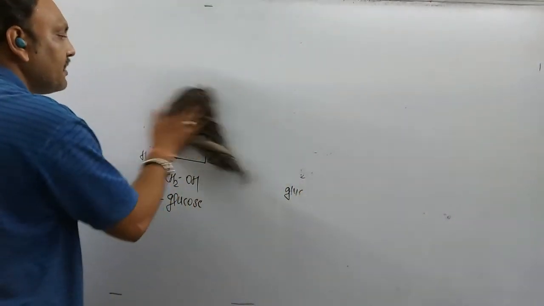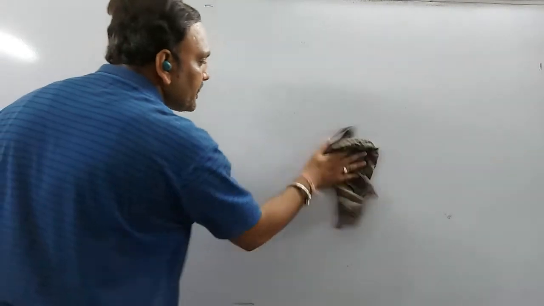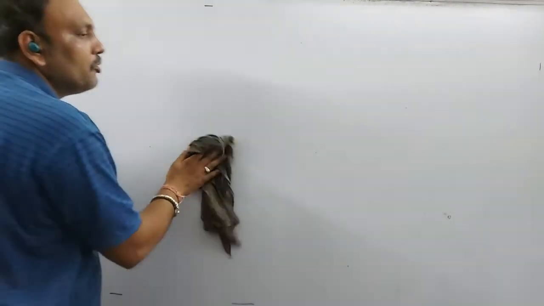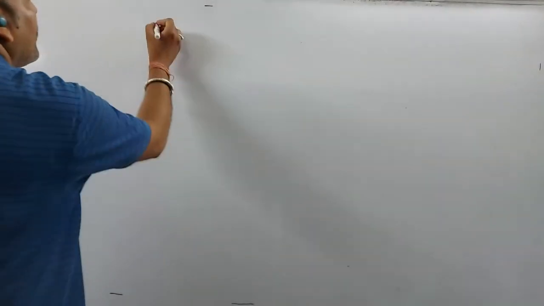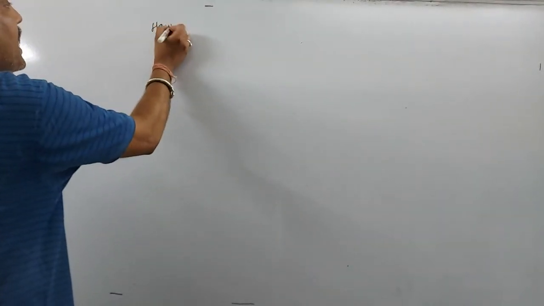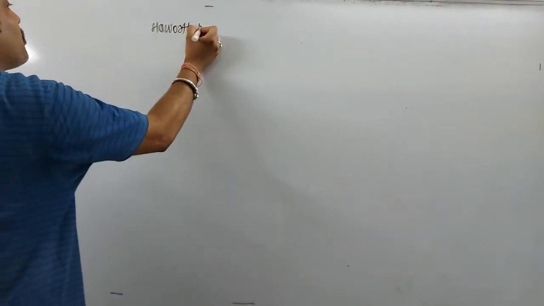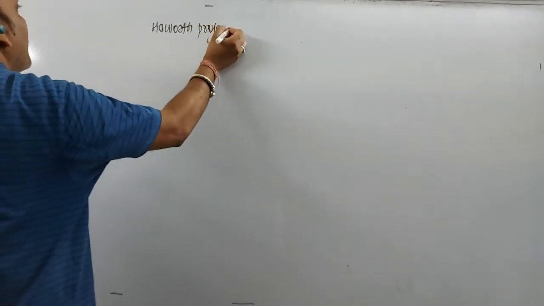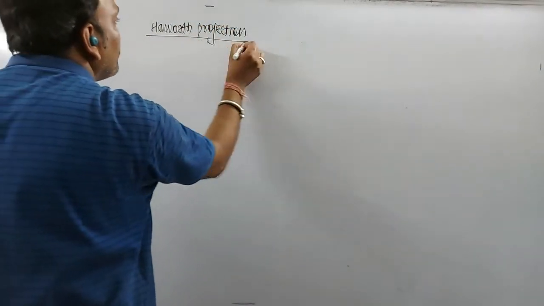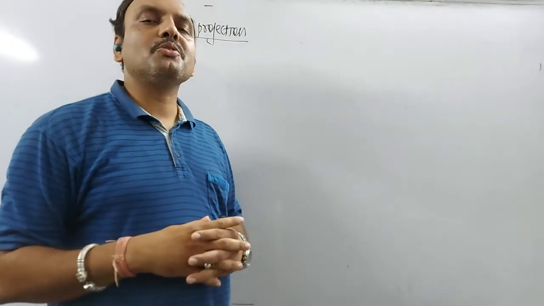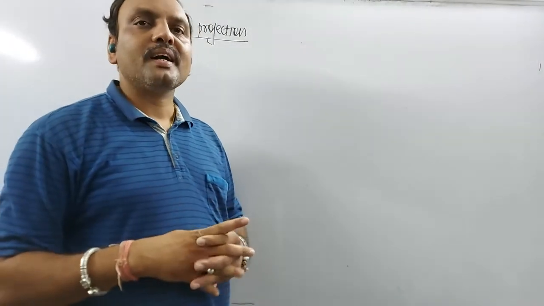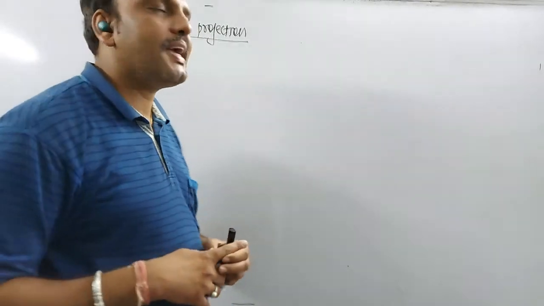Now let's see how the Haworth projection structures of glucose can be drawn. Haworth projection for glucose. Now remember, the cyclic structure of glucose consists of a six-membered ring, and that clearly resembles pyran.